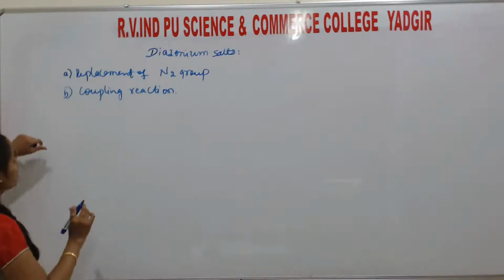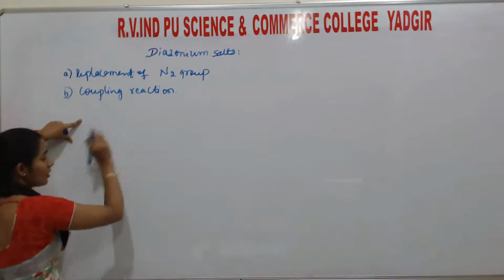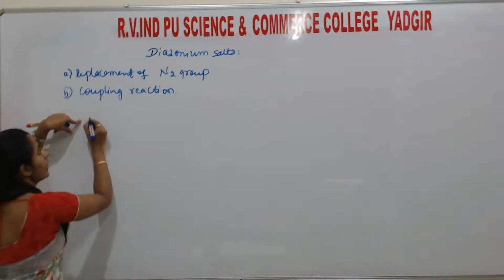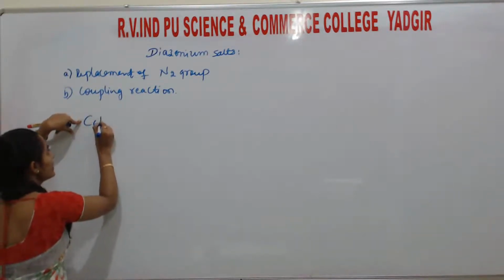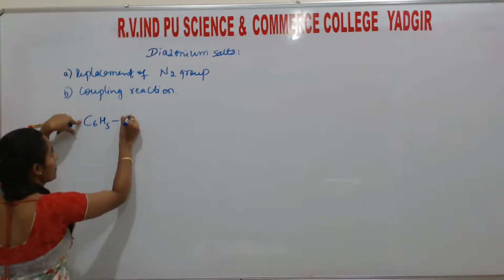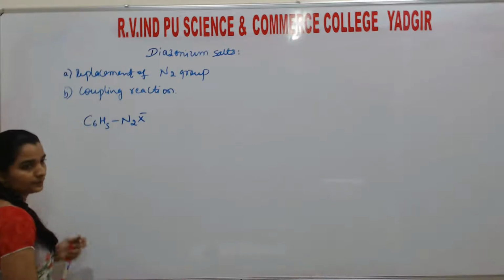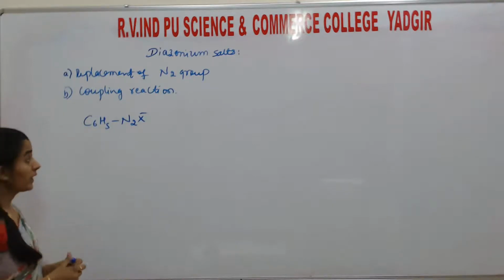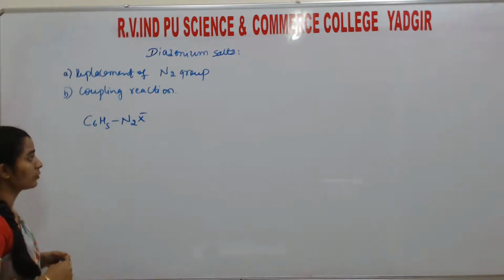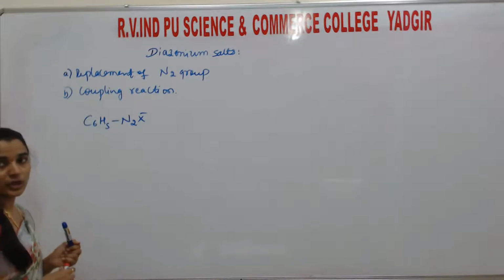So students listen, I will clearly say: instead of the aromatic benzene ring, I will write C6H5N2+ X minus. Here I will take X minus because I have to show different halogen atoms.